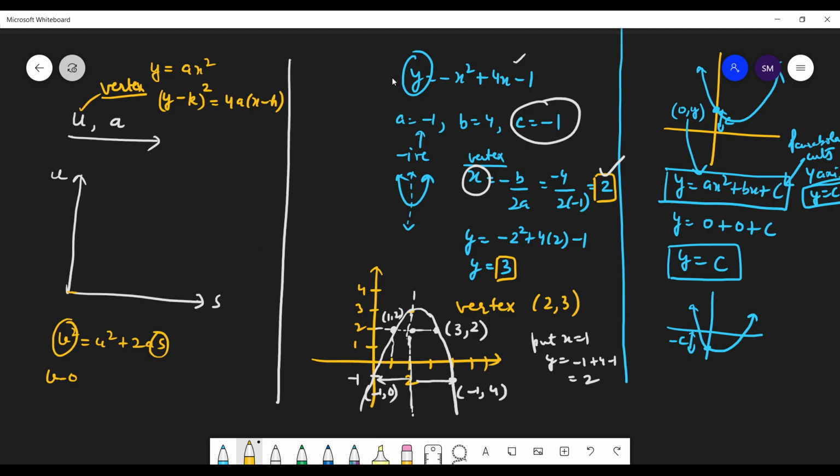See, you can change this form to this form, perfect square, by making perfect squares. Okay, so you can do that. But the important point is that this is the vertex form. So what is the vertex form here?